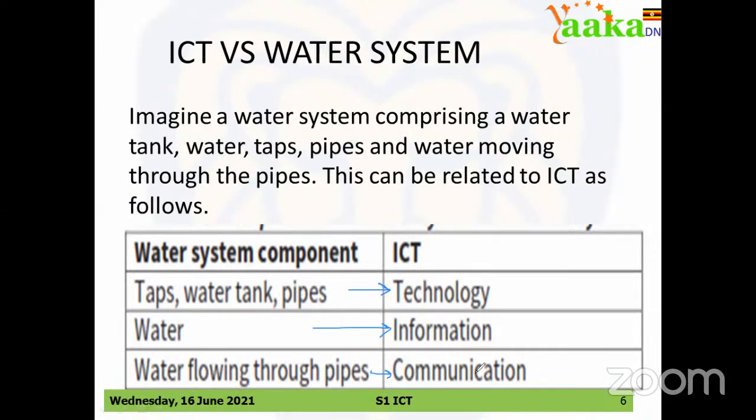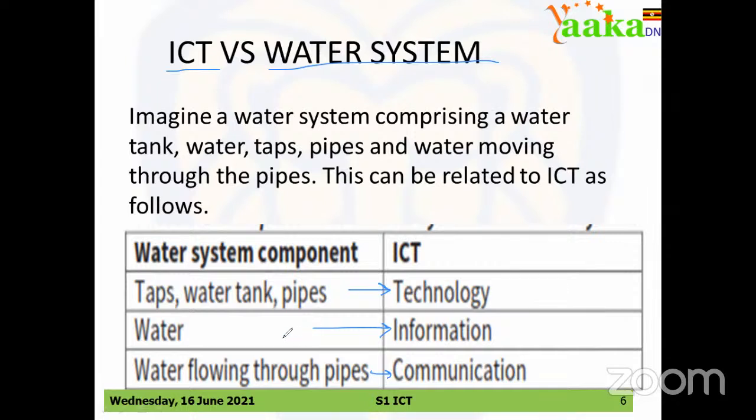Okay, thank you. Here we are looking at the comparison between ICT and a water system. So we are saying that the taps, water tank and pipes are the technology part of the water system. You get the point?